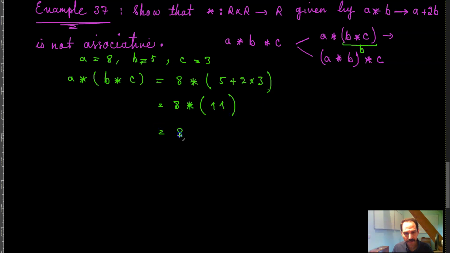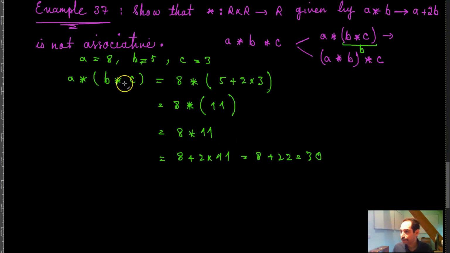So A star (B star C) is 8 star 11, which is 8 plus 2 times 11, which is 8 plus 22, equal to 30.